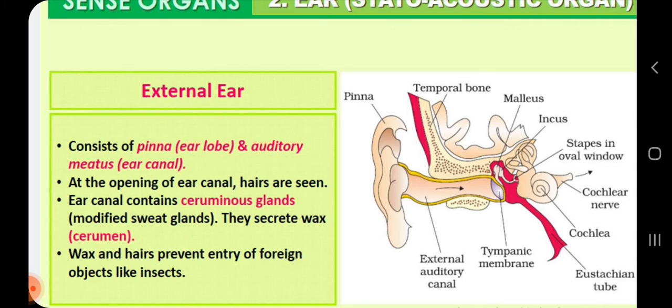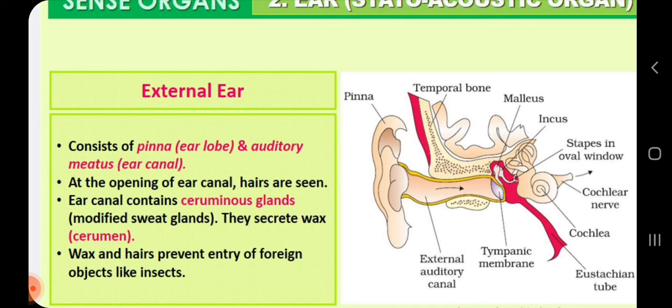Here in the image you can observe the ear pinna, which is made up of cartilage, collecting the vibrations produced in the air. After the collection by the ear pinna, all those vibrations are taken inside by the external auditory canal, which extends till the tympanic membrane.